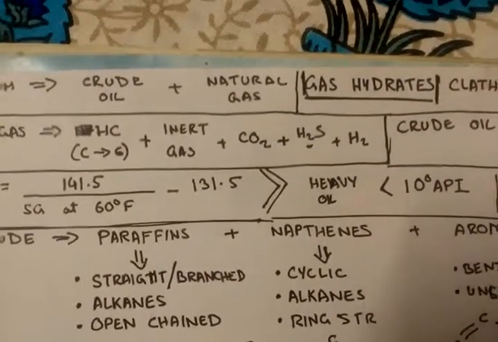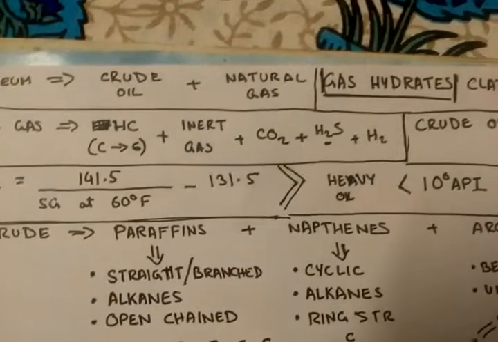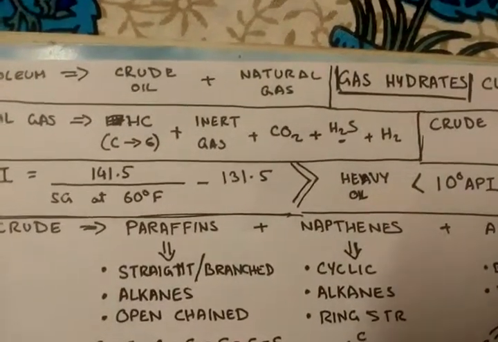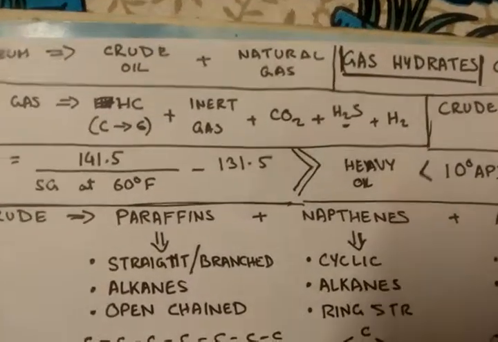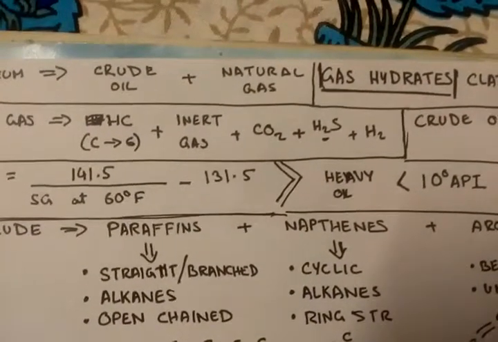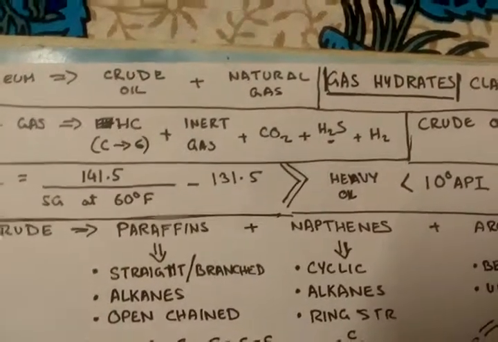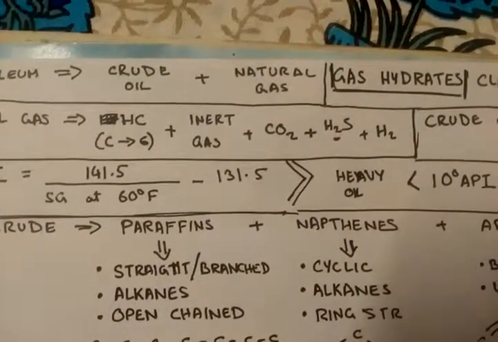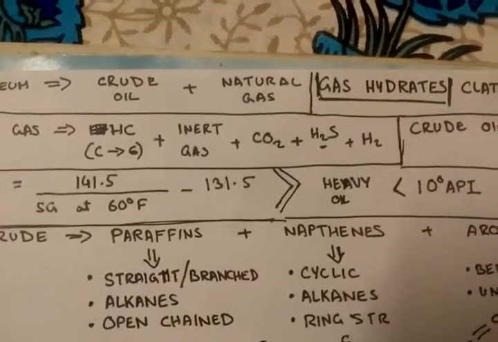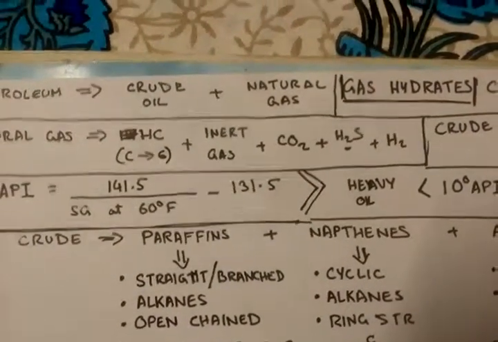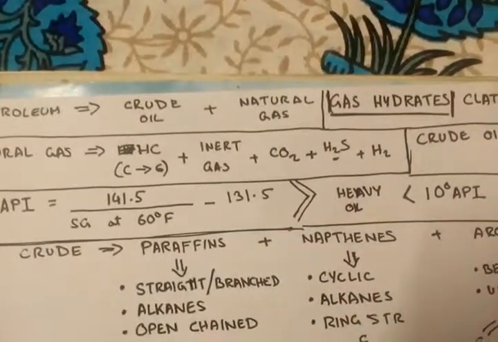Then there is H2S. H2S is a composition that controls a lot of functions, because sulfur makes the substance acidic. If there is sulfur in oil or gas, we have two terms: sweet oil and sour oil.